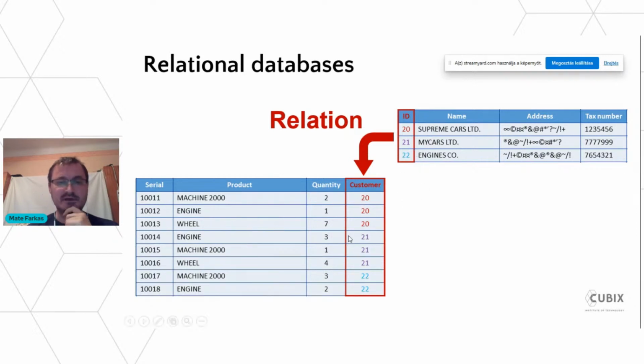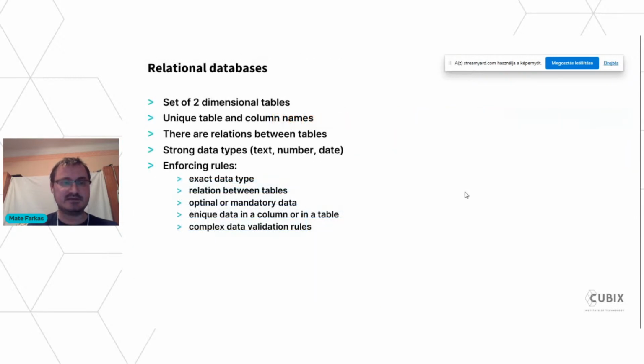So we cannot delete a customer from the customer table which has any order in the orders table, because if we could do this, then the structure of the database would collapse, and the database could be in a corrupt state. So this is the relation between tables in case of databases.